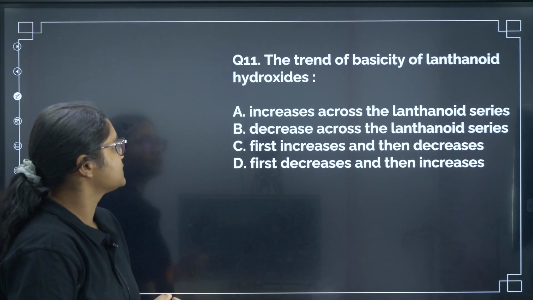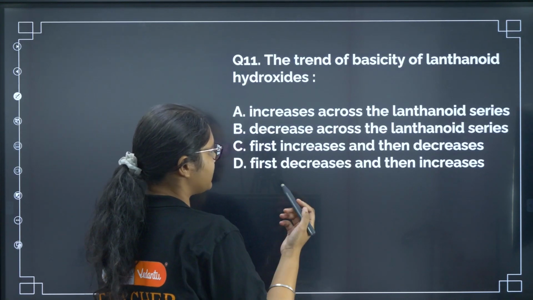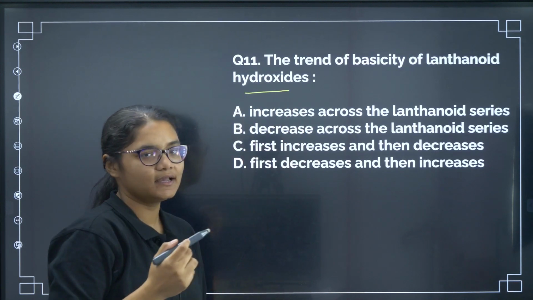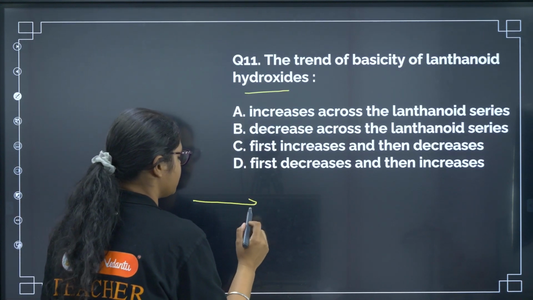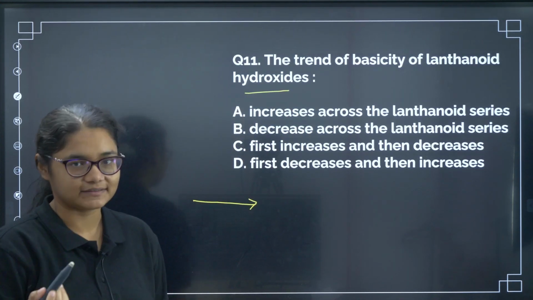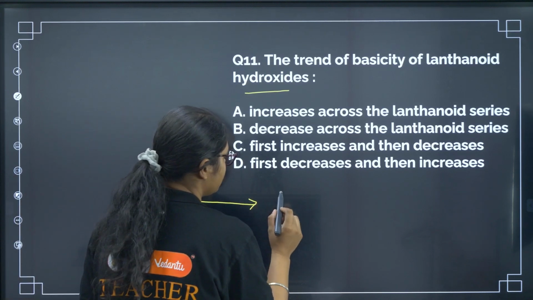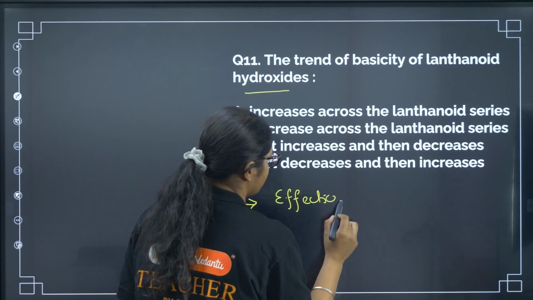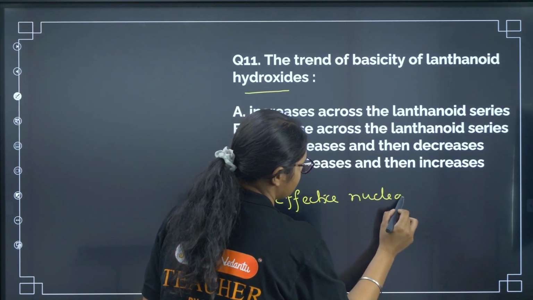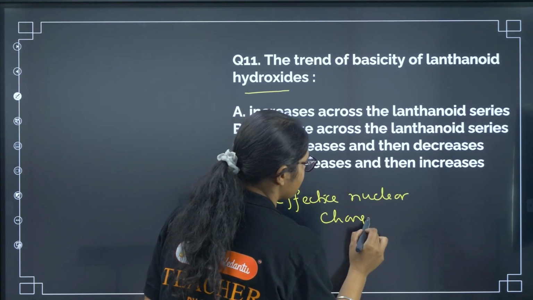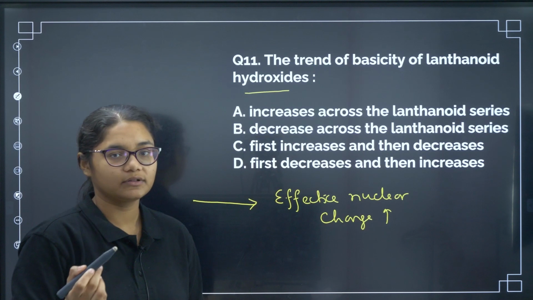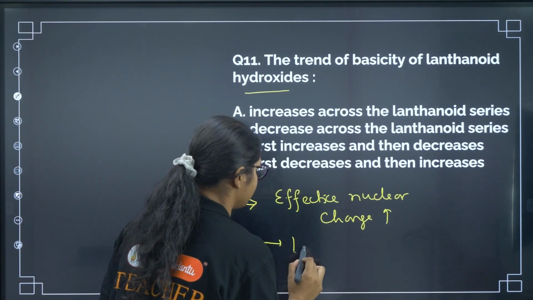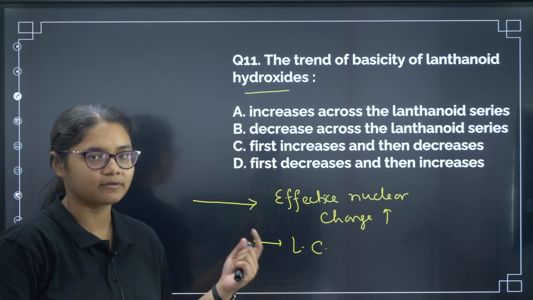Now next question. The trend of basicity of lanthanide hydroxides. If we go along a period, what happens to basicity? We know along a period, the effective nuclear charge increases. This charge increases due to the effect of lanthanide contraction, a very important topic we have discussed.